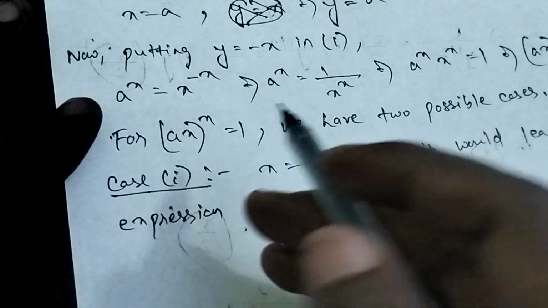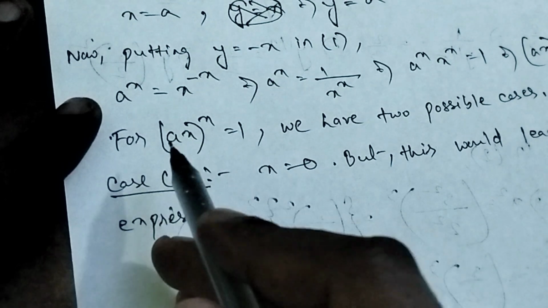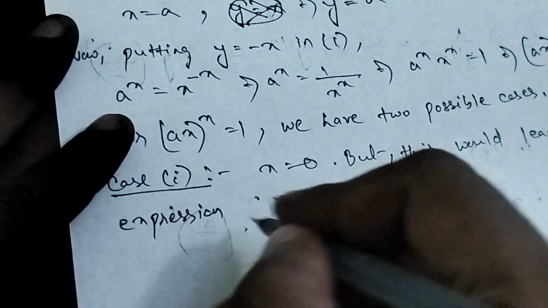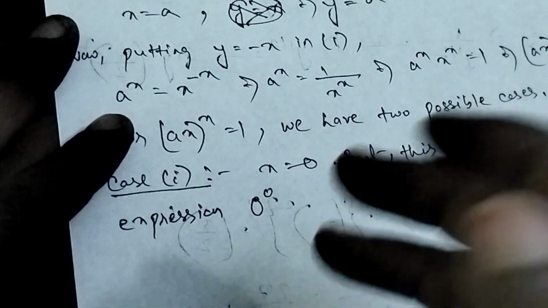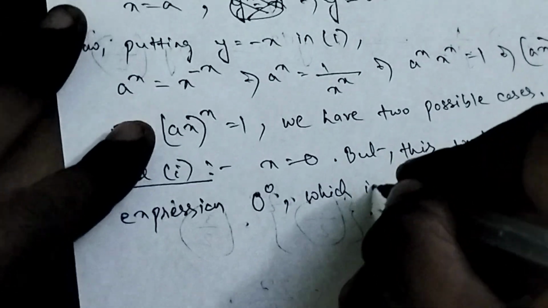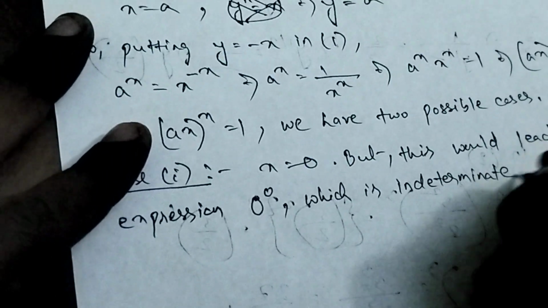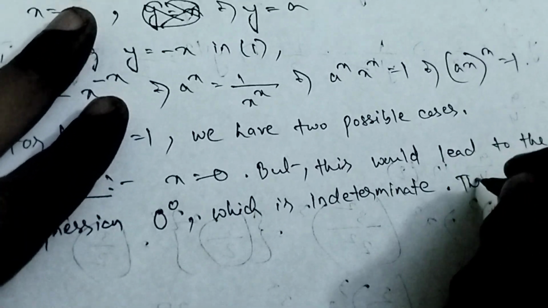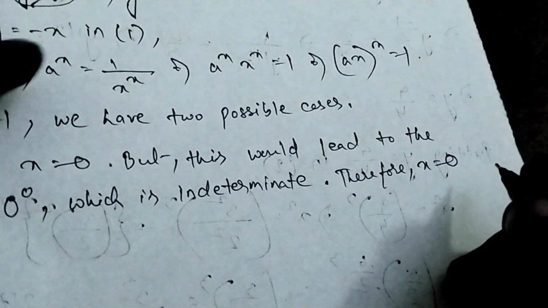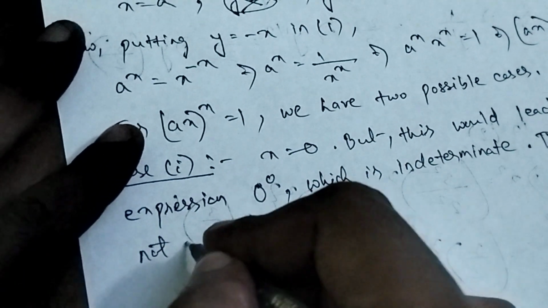We know anything to the power 0 is 1, but here not only power is becoming 0, this a into x is 0, so a into 0 is also 0, so it is becoming 0 to the power 0, which would lead to the expression 0 to the power 0, and 0 to the power 0 is indeterminate. So therefore x is equal to 0 is not a valid solution.